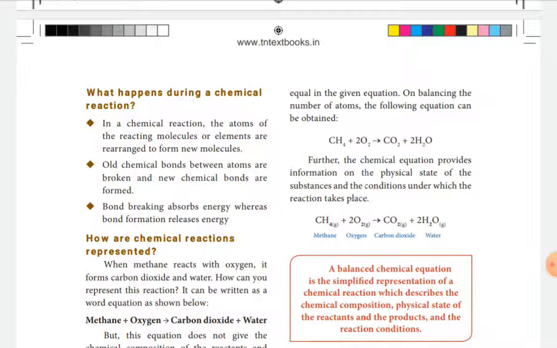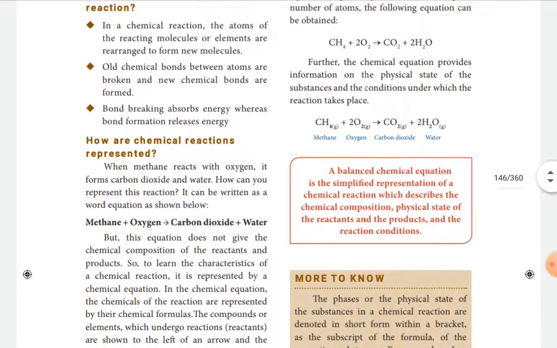So during the chemical reaction, the atoms of the reacting molecules are rearranged to form a new molecule, old chemical bonds are broken, and new chemical bonds are formed. Bond breaking absorbs energy, whereas bond formation releases energy.